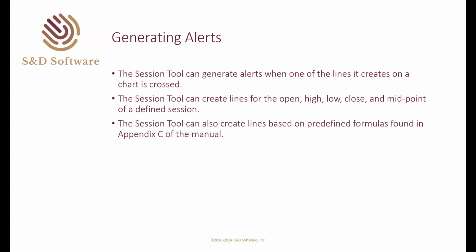So let's say you have the session tool marking the high of the session, and you have it putting a line there, and you want to get an alert when price crosses that line. You can set up the tool to do that. If you want to put a projection on the chart based on one of the pre-canned formulas that it has, and you want to get an alert when price reaches that, you can do that.